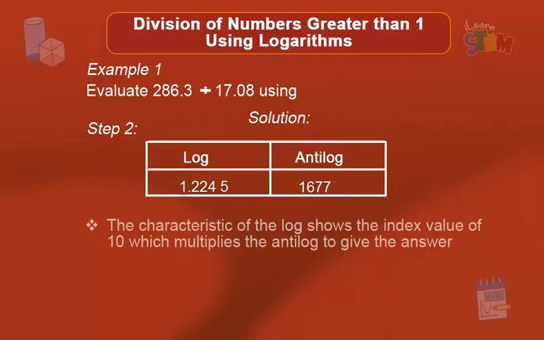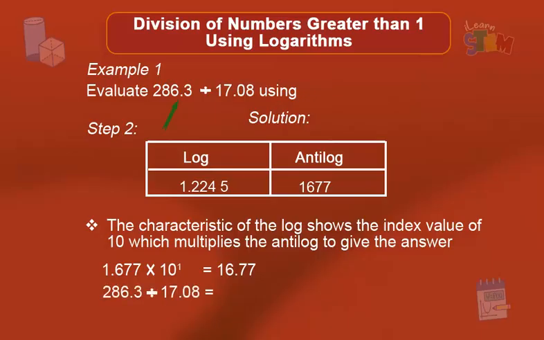The characteristic of the log, 1, shows the index value of 10, which multiplies the antilog to give the answer. That is 1.677 times 10 raised to power 1 equal to 16.77. Therefore, 286.3 divided by 17.08 equal to 16.77.